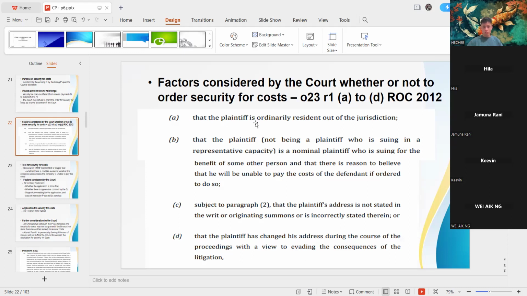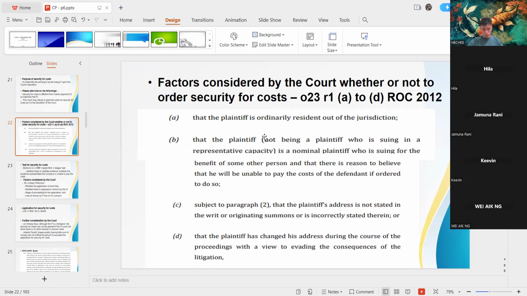And then the second one is he is suing for the benefit of other person. The third one is the address is not stated in the writ or the OS or incorrectly stated. And the fourth one is the plaintiff changed his address during the course of the proceeding for the purpose to evade the consequence of the litigation.